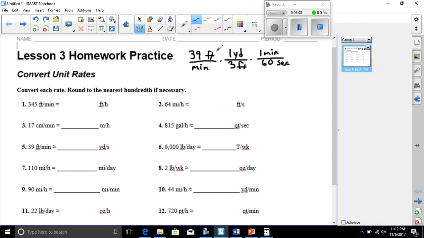If I do this, this is going to be 39. We cross out our minutes. We cross out our feet. And that's going to leave us 39 yards, and that's 60 times 3, which is going to be 180 seconds.